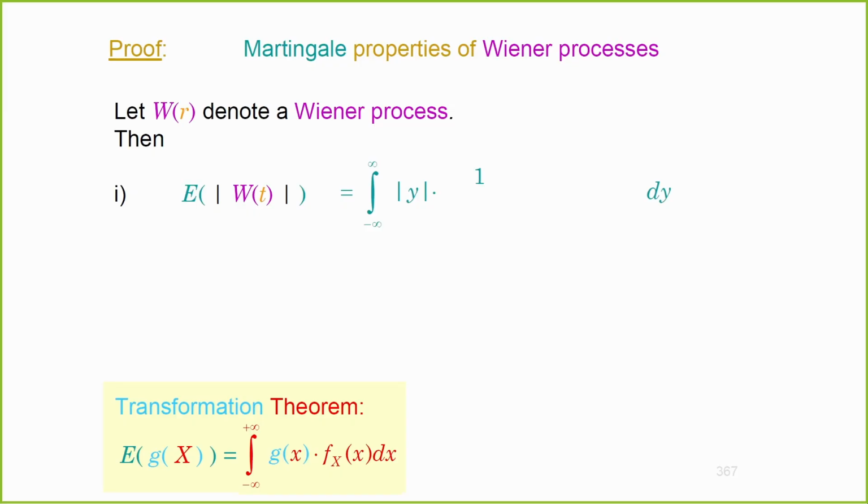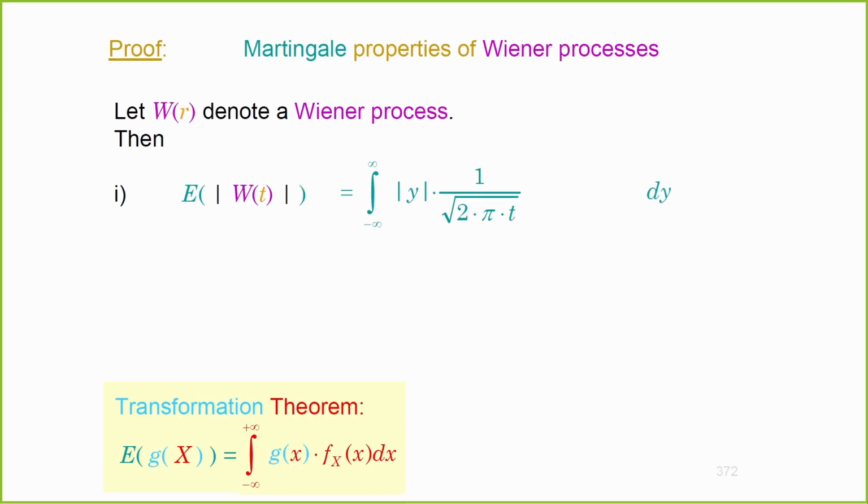So this yields 1 by the square root of 2 times pi times t. Sigma squared, which came from the Brownian motion, is equal to 1. So the variance of the Wiener process at time point t is t.